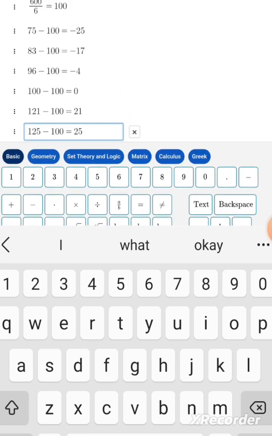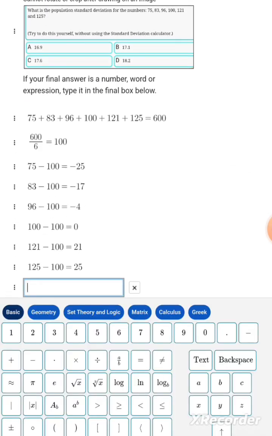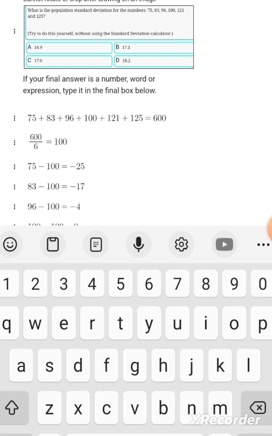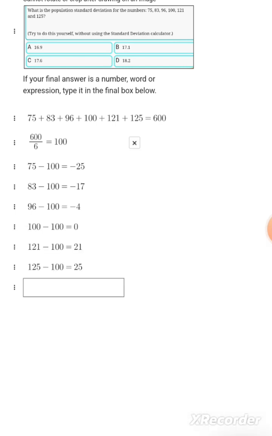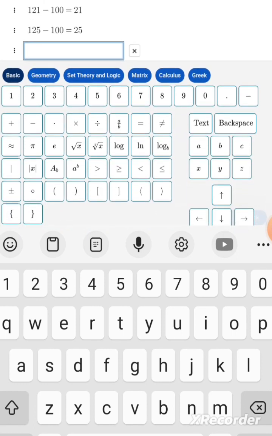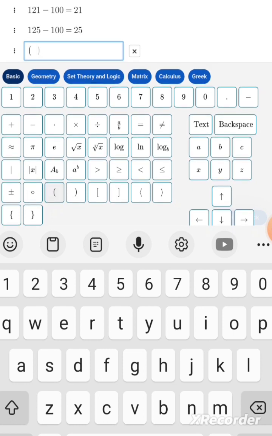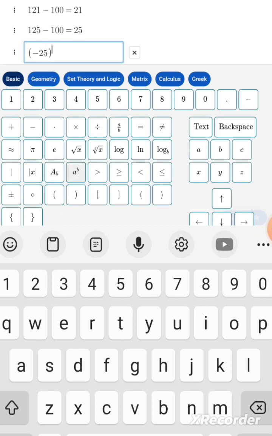So the next thing we'll do is square our differences. The first one we need to square is negative 25. Let's put parentheses around that, negative 25, and we're going to square it.